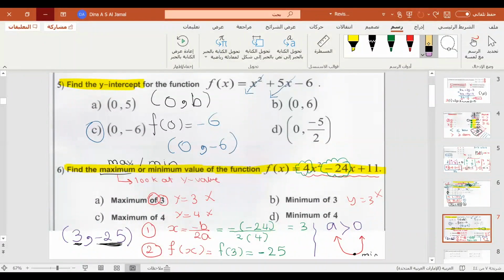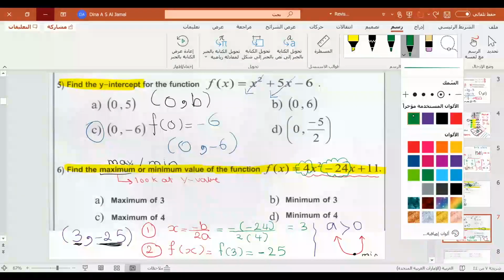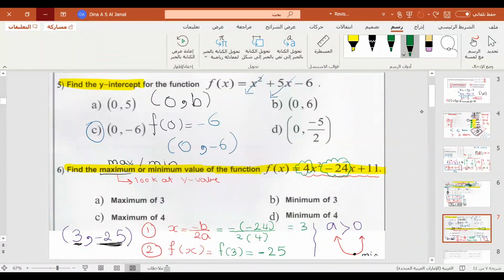So I would like to grab your attention into this question. I know in the exam he meant that he would like to find at which value it occurs. He wanted to find x, but the answers are answers of y, which is wrong.